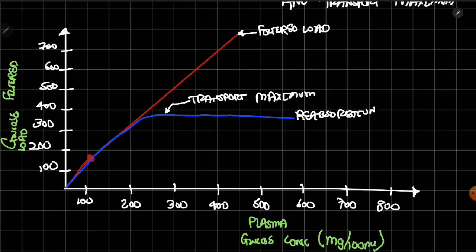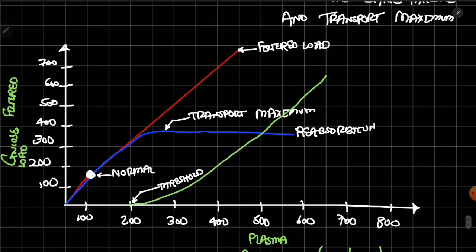This point, let me use white color, is normal, and this 200 is the threshold. So this graph is important. The red one is filtered load, the blue one curves, and the curve is known as the transport maximum, the reabsorption of glucose.